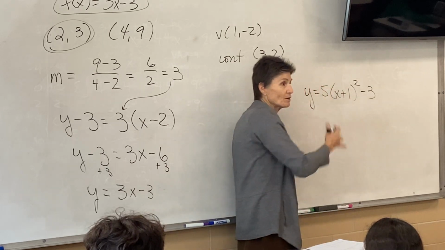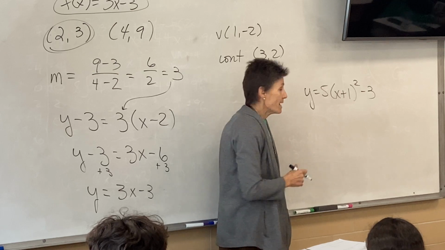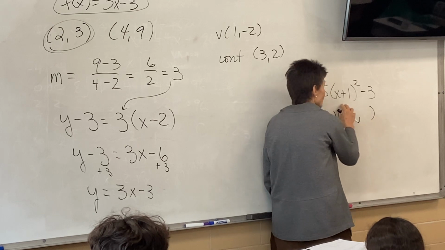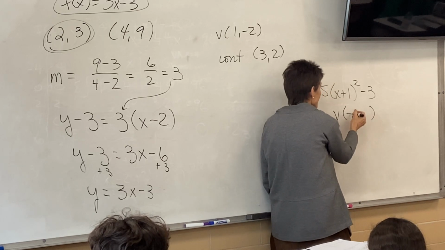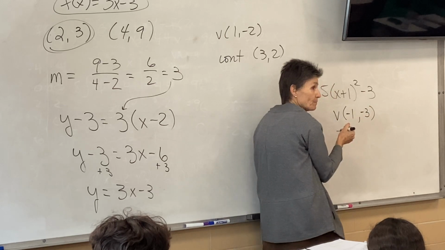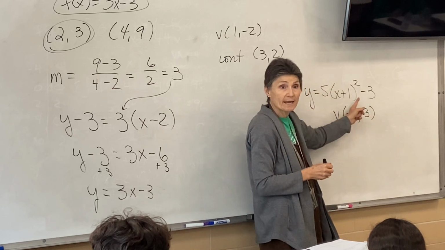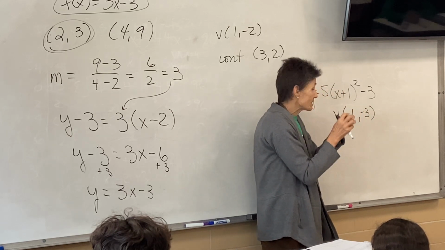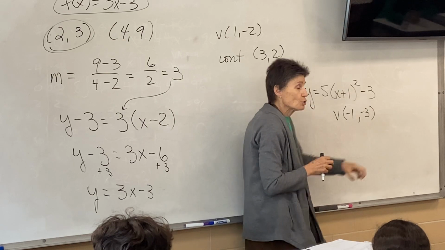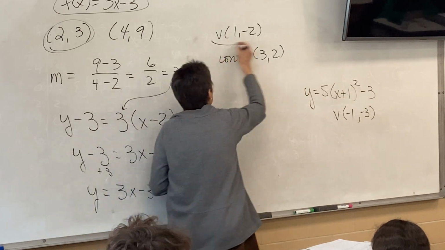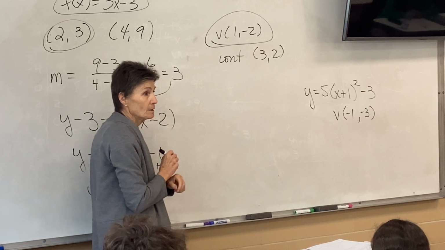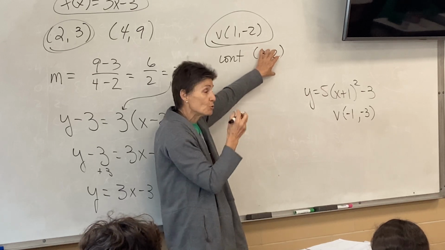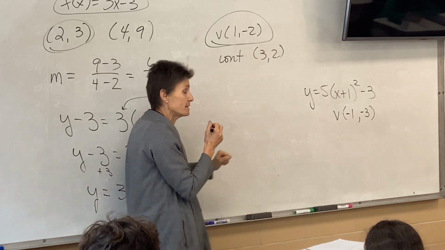From the equation, you can tell where your vertex is. Your vertex would be at (-1, -3), because this went left 1 and down 3. So it's the vertex that comes from the equation. When you build your equation, this is the point you use. These numbers don't go into the equation. You use these numbers for something, but not for building the equation.